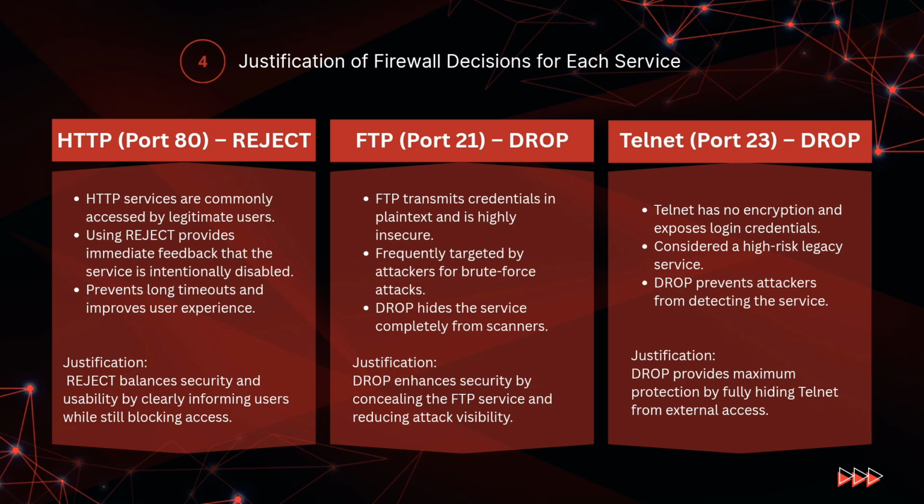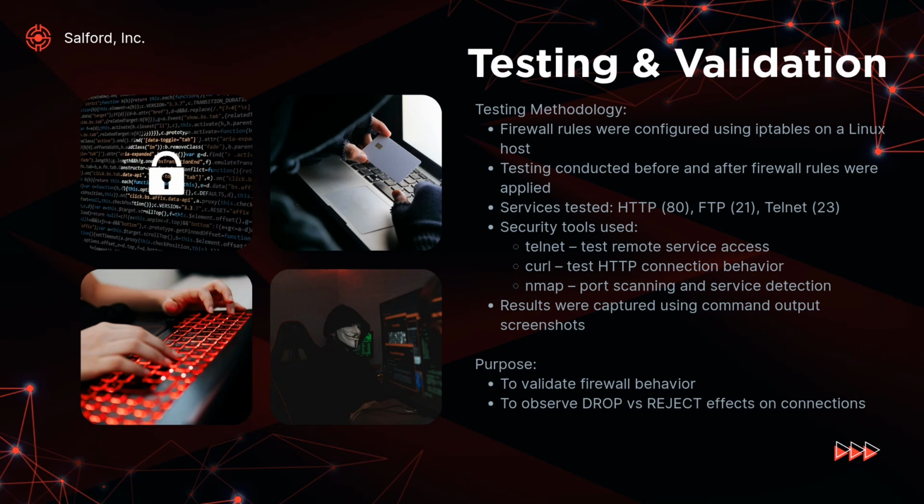Testing and validation. Testing methodology: firewall rules were configured using iptables on a Linux host. Testing was conducted before and after firewall rules were applied. Service tests: HTTP, FTP, and Telnet.